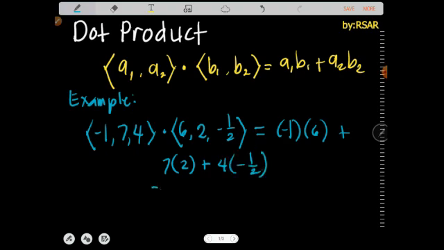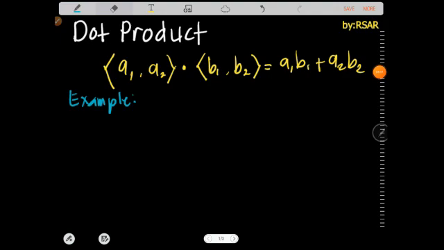And then, simplify natin ito. So, that is just equals to negative 6 plus 14 plus negative 2. Okay, so this is just equals to yung negative 6 plus negative 2 is negative 8, tapos i-add natin siya sa positive 14, that is just equals to positive 6.